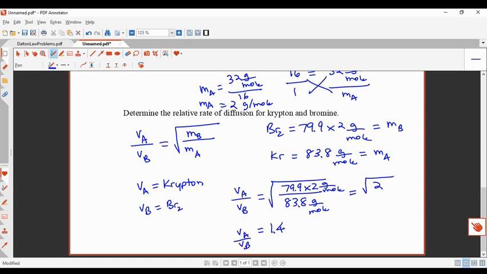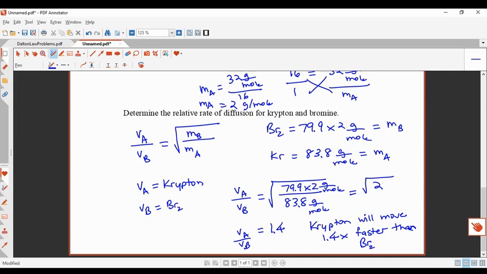So this tells me that krypton will move 1.4 times faster than bromine.